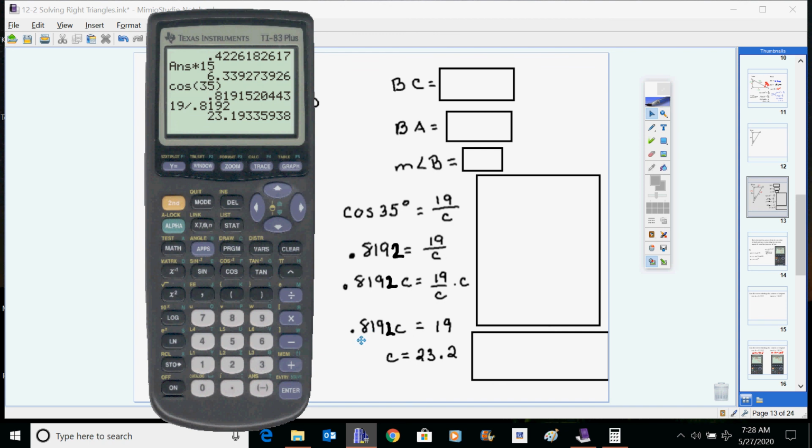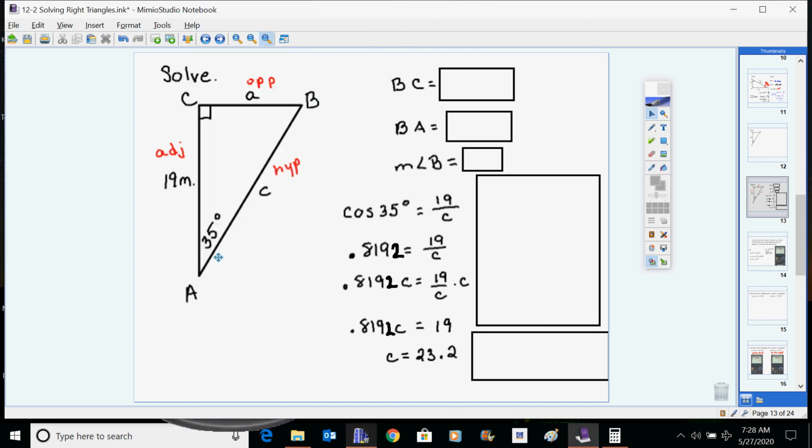All right. Now, as C is 23.2, that's our hypotenuse, that's side BA. There's our 23.2. All right, so for BC, I have my adjacent and I have my opposite.